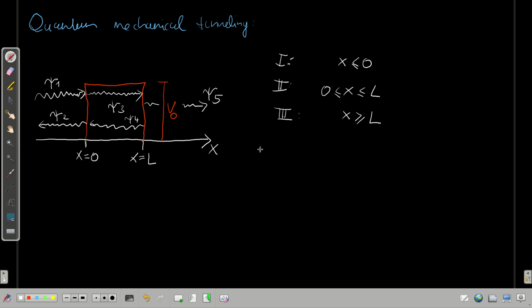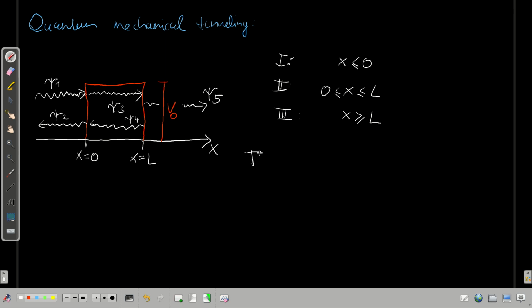And the value we are interested in is the transmission coefficient. So it's actually the ratio of the probability density of the incoming wave in relation to the outgoing wave.